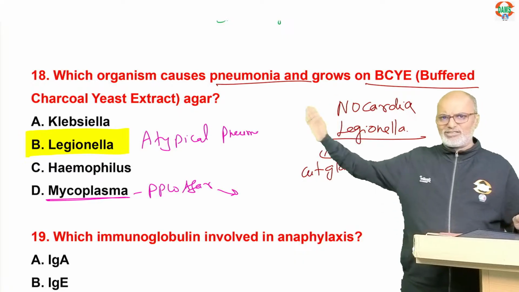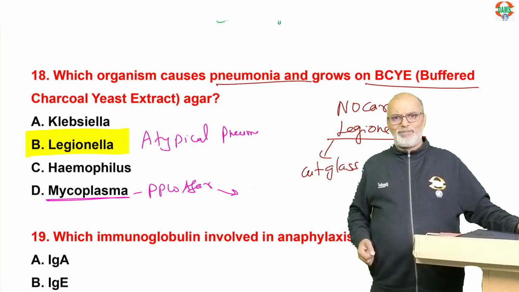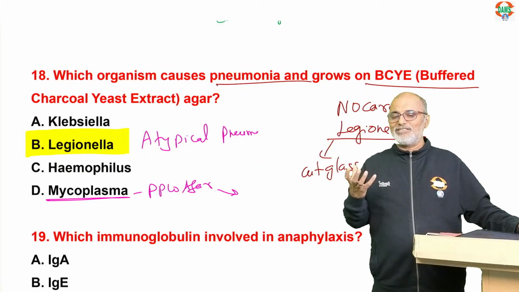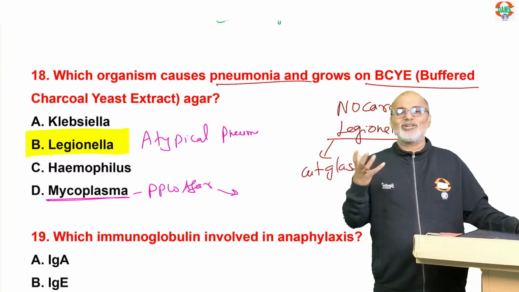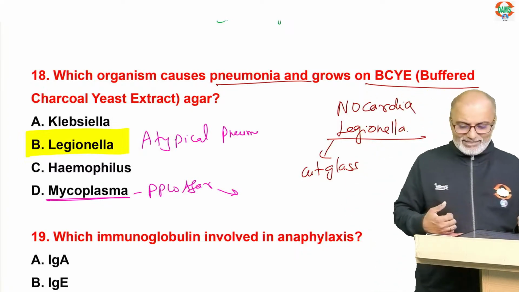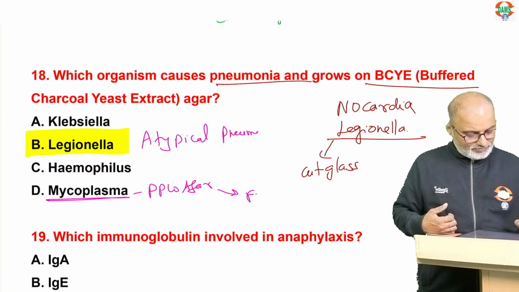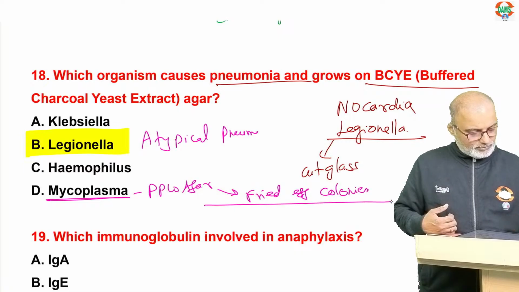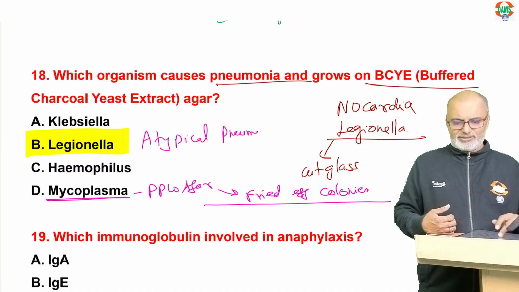All four cause pneumonia, my dears, don't worry. PPLO agar, what is the colony morphology? Bull's eye or target, what is called fried egg colonies.